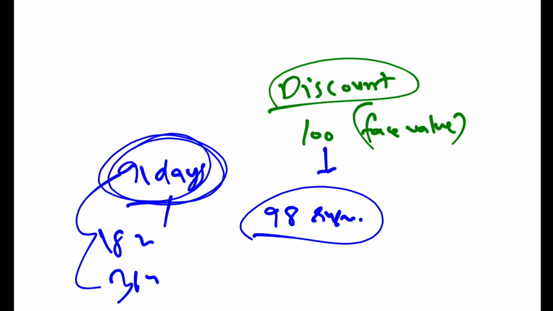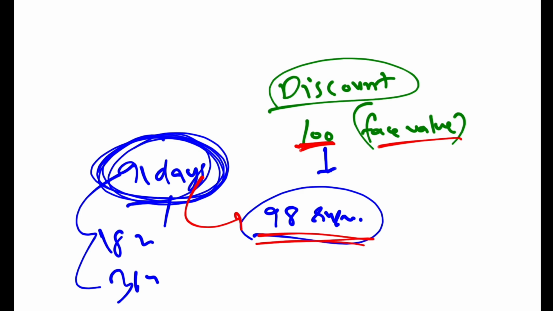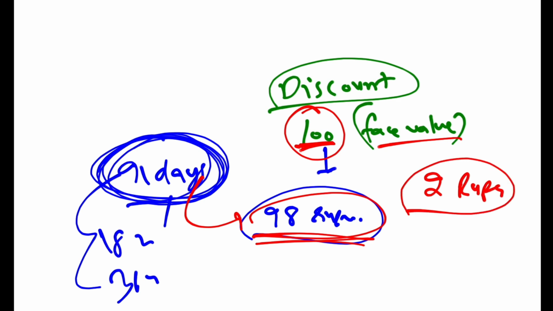There are 3 durations of treasury bill. So let's say government is giving you a 91 days treasury bill, and 100 rupees is the face value, but the government will give it to you at a discount of 98. So after 91 days, you can redeem it. You can give it back to the government and take 100. So you have earned 2 rupees interest. This 2 rupees is your benefit.